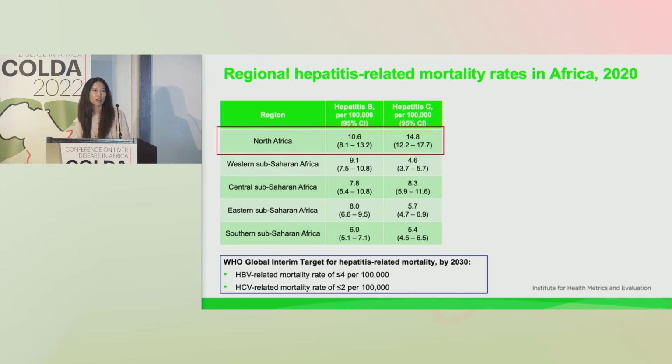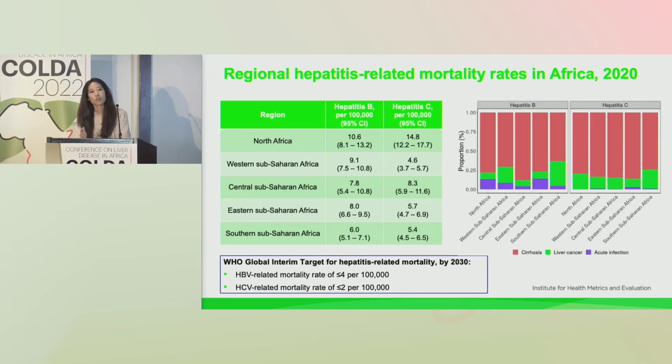But here, North Africa has the highest mortality burden coming from hepatitis B and hepatitis C. That suggests that when you look at it cross-sectionally, if a country does really well in reducing the prevalence and incidence of hepatitis B and C, the downstream effect from cirrhosis and liver cancer will be lagged. So that's why you see higher mortality at the cross-section of year 2020, but lower rates of prevalence and incidence in the same time period.